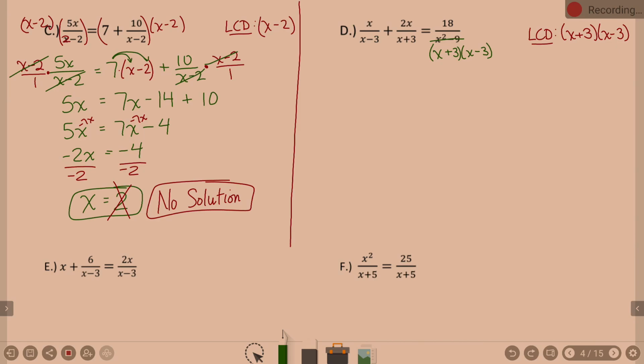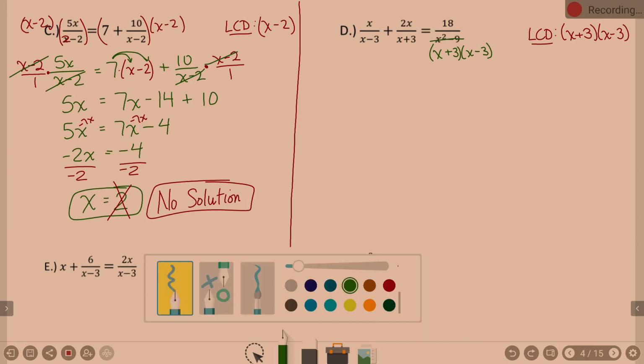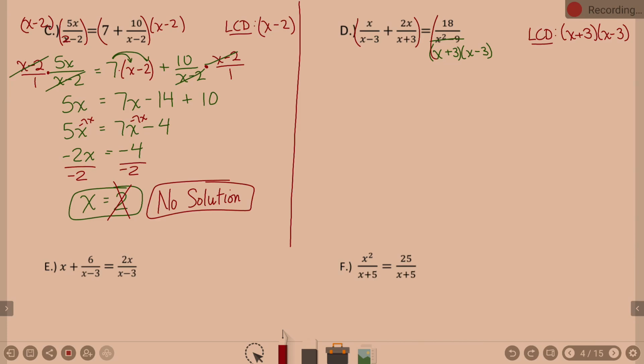As I said, we can do your own thing. Up to you. So each piece is going to be multiplied by x plus 3, x minus 3.